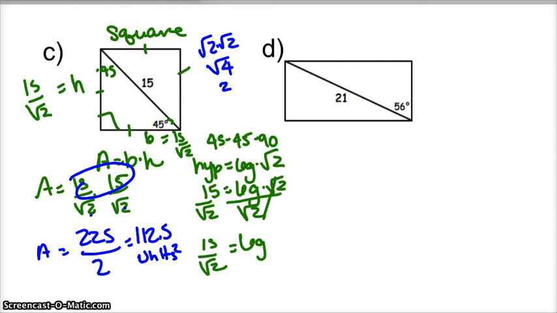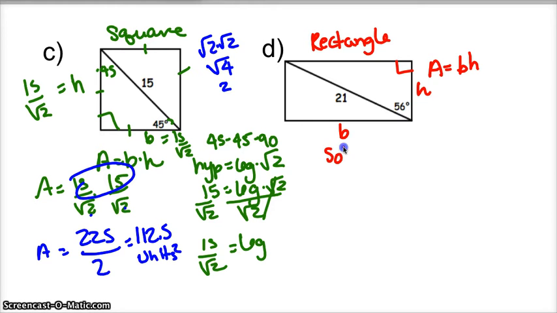And then lastly, letter D is a rectangle. I should have labeled it as a rectangle, or the corners as 90 degrees. But in a rectangle, area equals base times height. So here is your height and here is your base. But if you notice, you're not given any. What you're given is a diagonal. So what we have is a 90-degree angle.